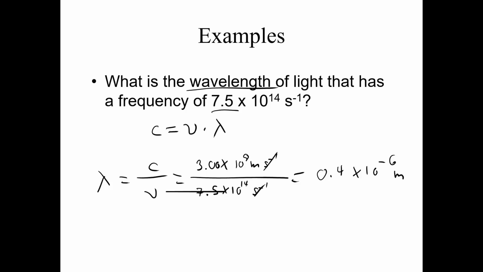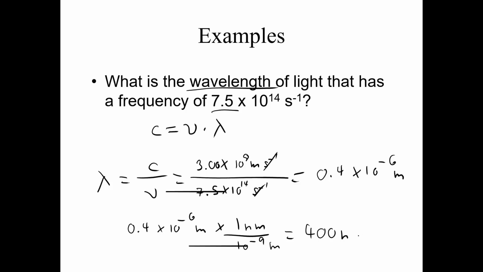And if you were to, I'm not asking that to convert that to nanometers, but if you wanted to know if that's in the visible range, you would have to convert that. So 0.4, if I ask you what color it is, for example, times 10 to the minus 6 meters times 1 nanometer for every 10 to the minus 9 meters equals 0.4 times 10 to the 3, which is 400 nanometers.